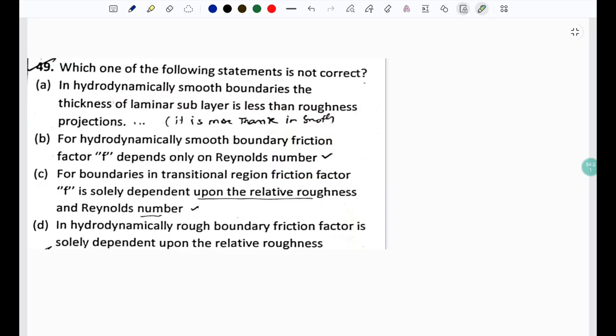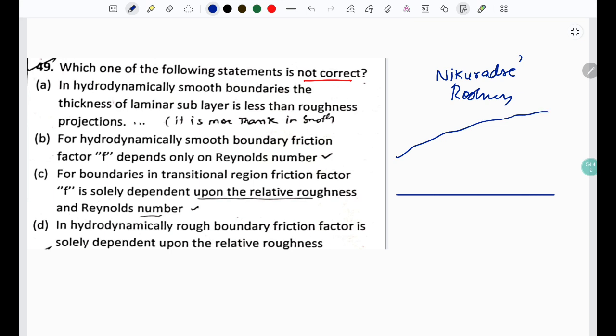Here is another question which was asking about the incorrect statement. The question was based on the concept of Nikuradse's roughness regime, where we know that within a turbulent flow zone, there is always the laminar sublayer, thickness denoted by delta dash.